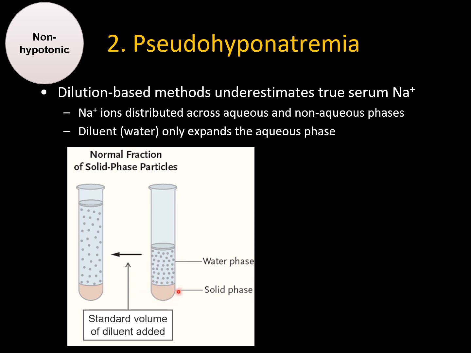In this solid phase, it includes substances such as proteins or lipids. After a standard volume of diluent is added, in order to lower the concentration of sodium, measurements are taken for the aqueous phase of the blood sample.